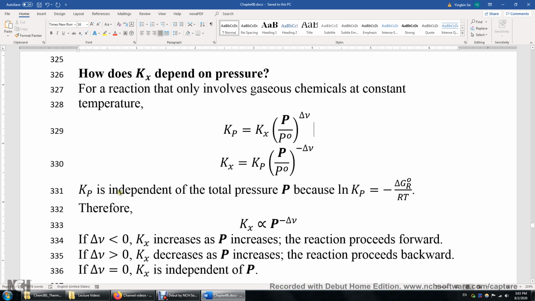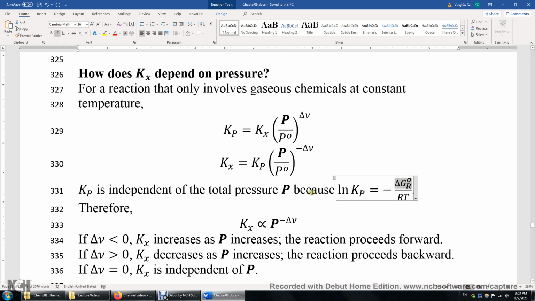So again, K sub P is independent of the total pressure. Again, because of this equation over here, this guy is independent of the pressure. This guy is the Gibbs energy of formation of the products minus the Gibbs energy of formation of the reactants. Both the products and the reactants should be in their standard state. So it's regardless.